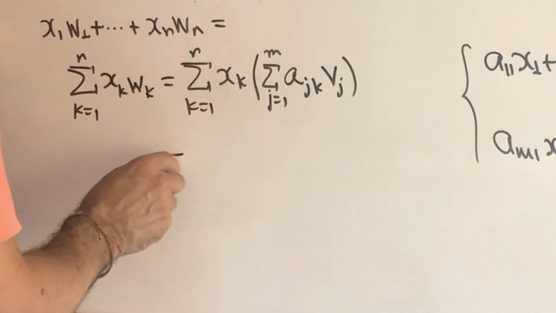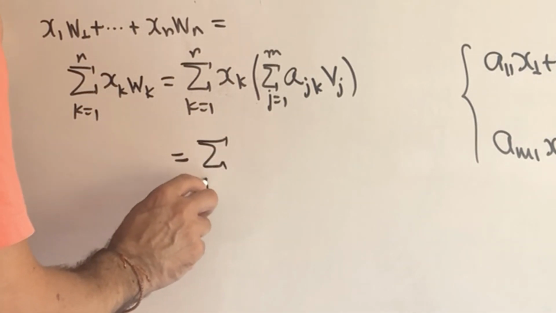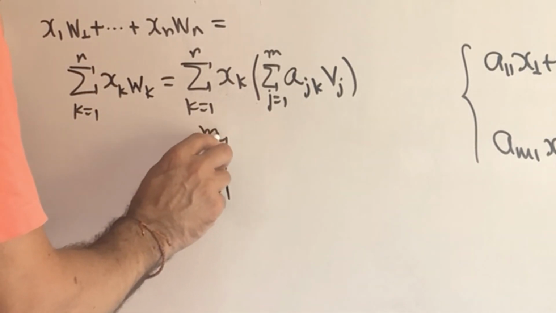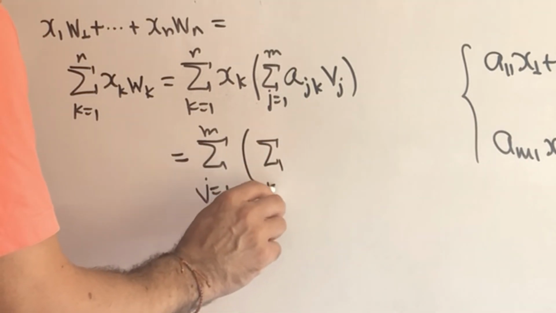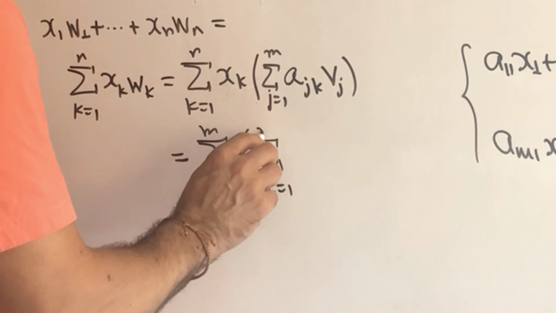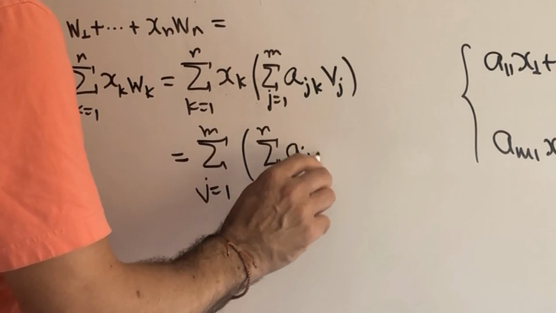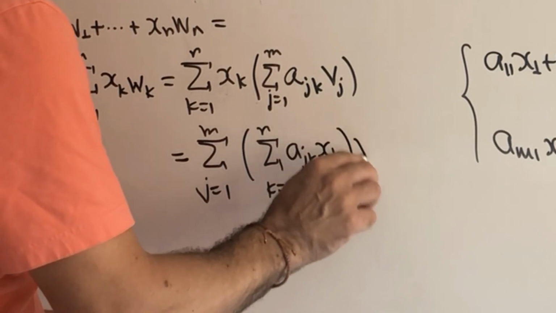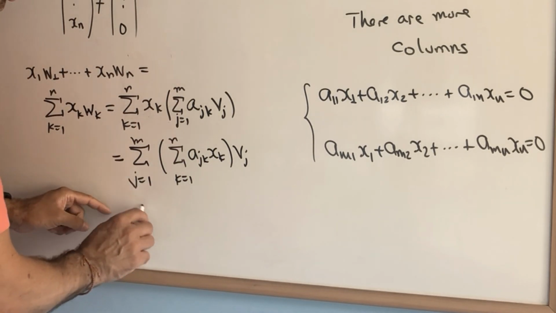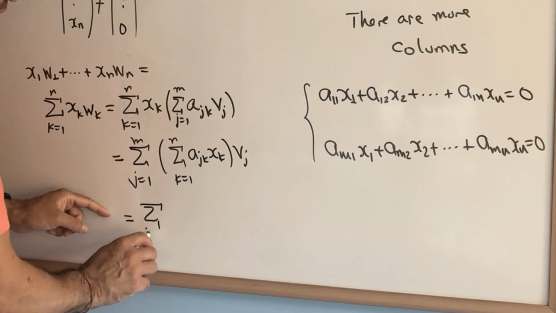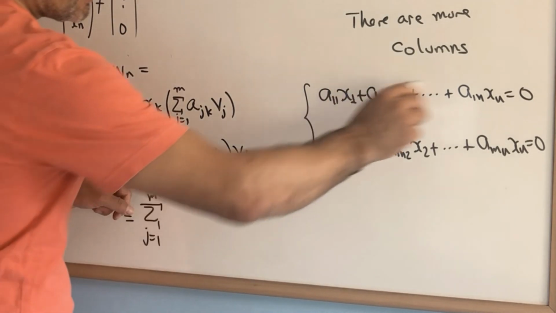Since this term x sub k doesn't have a j there, I can move it in and I can switch the order of the sums, and then this is the sum from j equal 1 until m of the sum from k equal 1 until n of a jk times x sub k times b sub j. But this is just the sum from j equal 1 until m, and each one of these terms is 0.